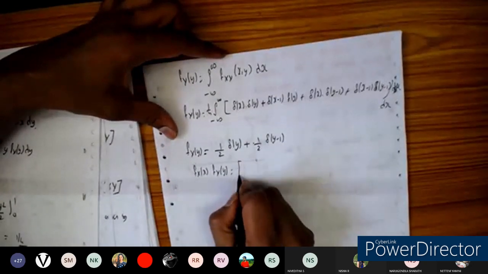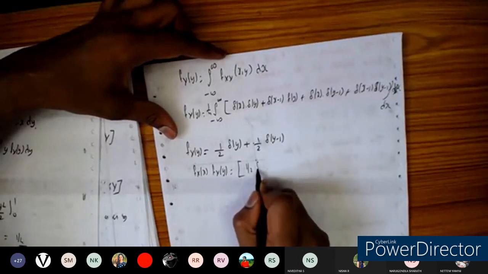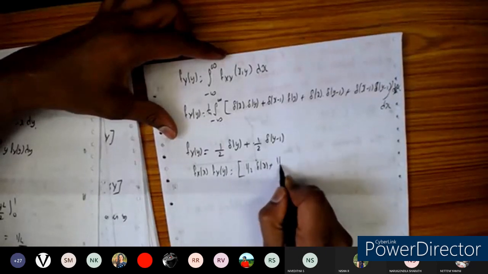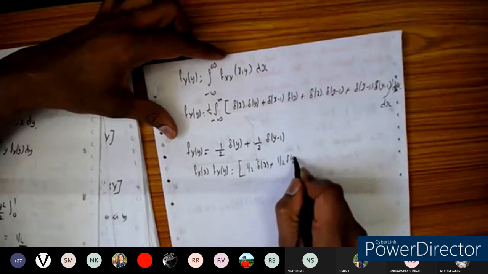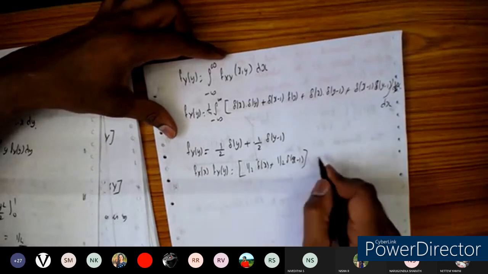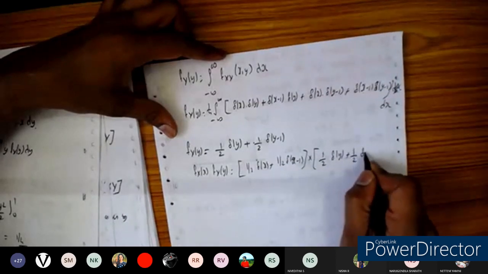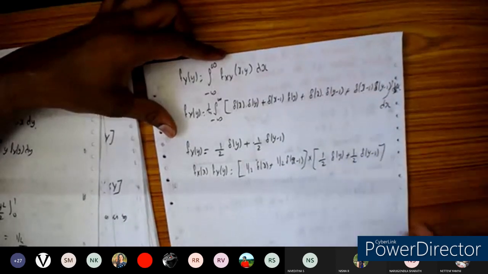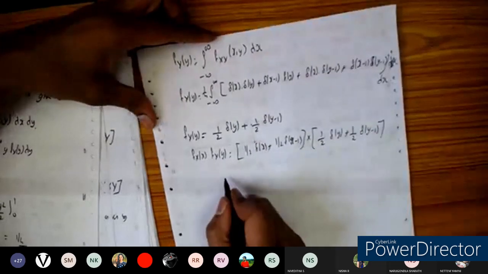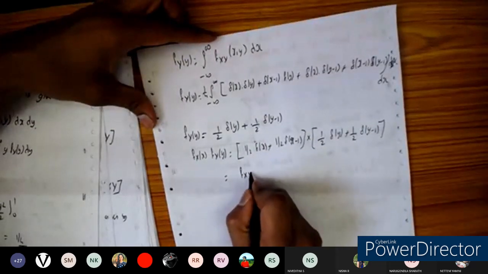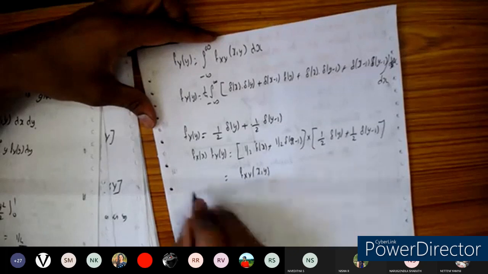Let us multiply: 1 by 2 into delta of x plus 1 by 2 into delta of x minus 1, this is for fx of x, with 1 by 2 into delta of y plus 1 by 2 into delta of y minus 1. If you multiply, we'll get back the fxy of x comma y.